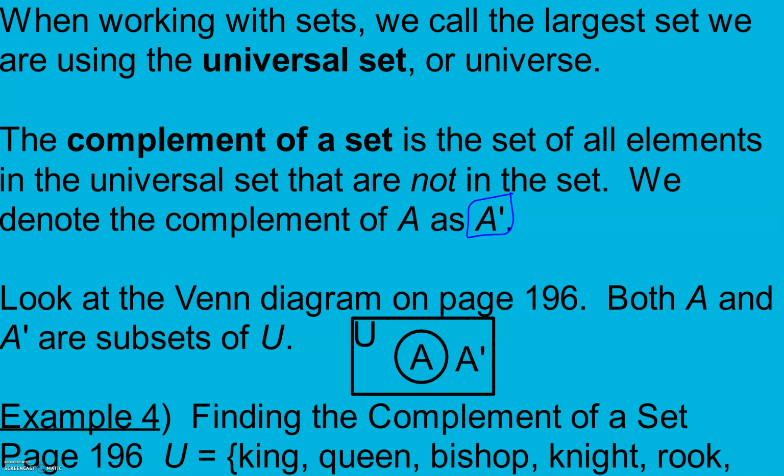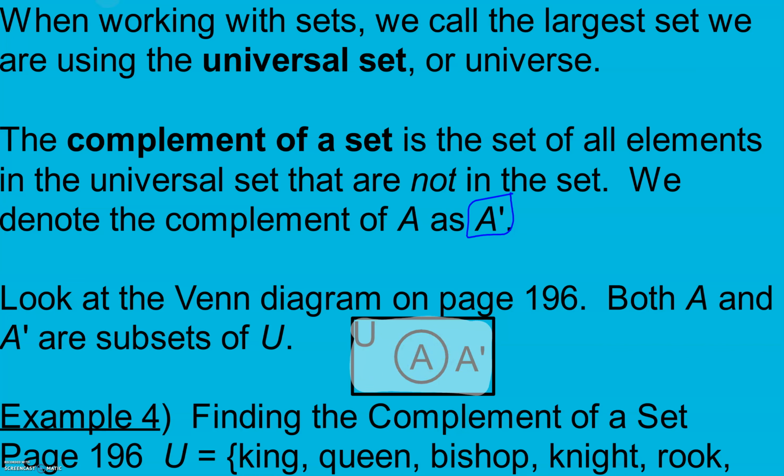Look at the Venn diagram on page 196. Here I have a little picture of it as well, but the picture in the book is way better. Both A and its complement are subsets of U. So U is my universal set. Okay, U is this entire rectangle.